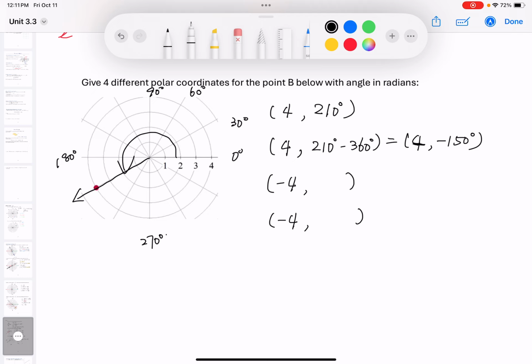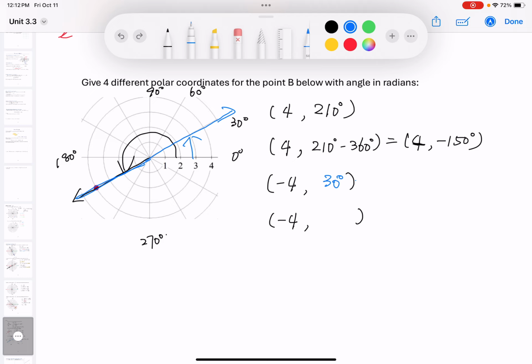I need to find the opposite of the terminal side. We need to find the angle of its opposite side. So the angle here I can tell is 30 degrees. I don't have to use this angle and then minus 180, because from the graph I can tell it's 30. That's a faster way to find the 30 degrees.